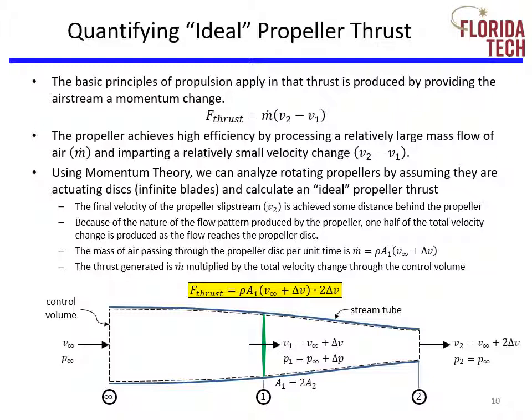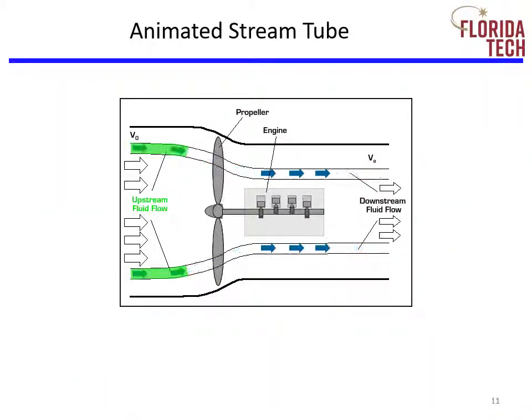The result of summing all the forces on the control volume is shown by the equation in the yellow box. Here's a diagram showing the flow in motion.